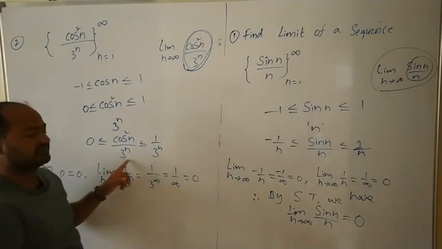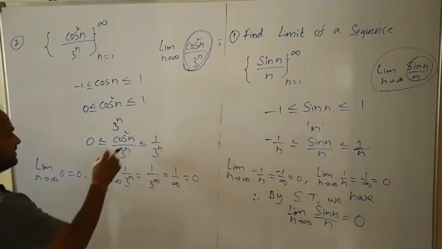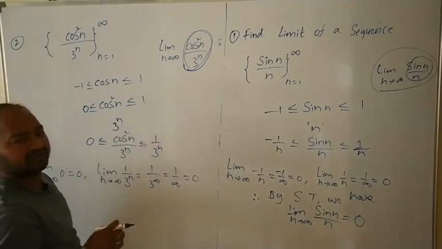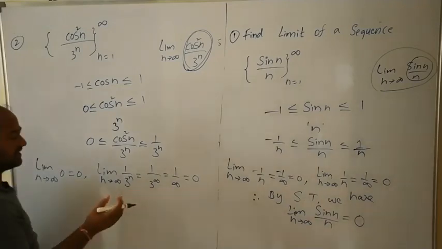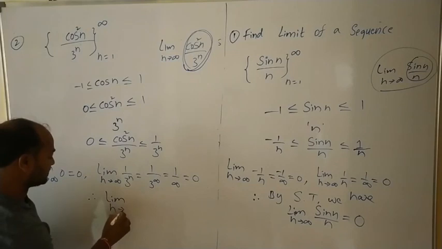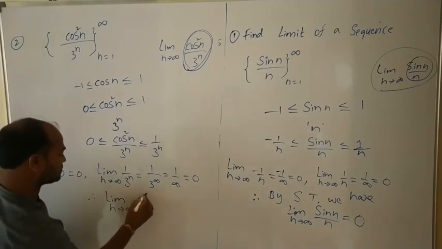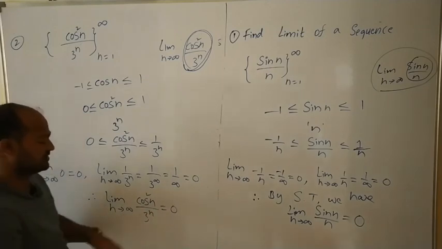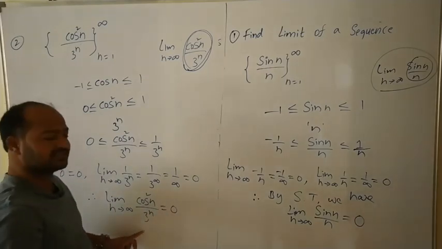So by the Sandwich theorem, cos²(n)/3ⁿ has limit 0 as n tends to infinity. Therefore, 0 is the limit of this sequence.